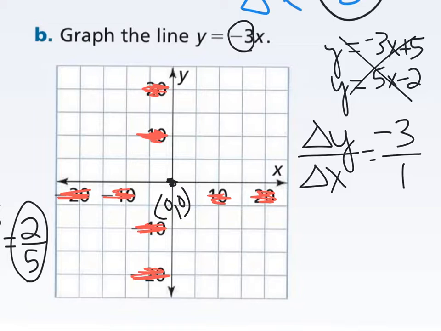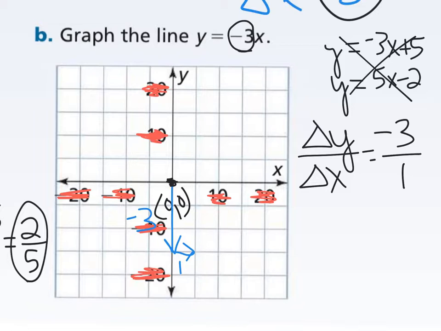So using our slope, we can go from that point 0, 0 and find another point. If my change in y is negative 3, negative would mean we would be going down 3. And then change in x is 1, so we'd be going to the right 1.